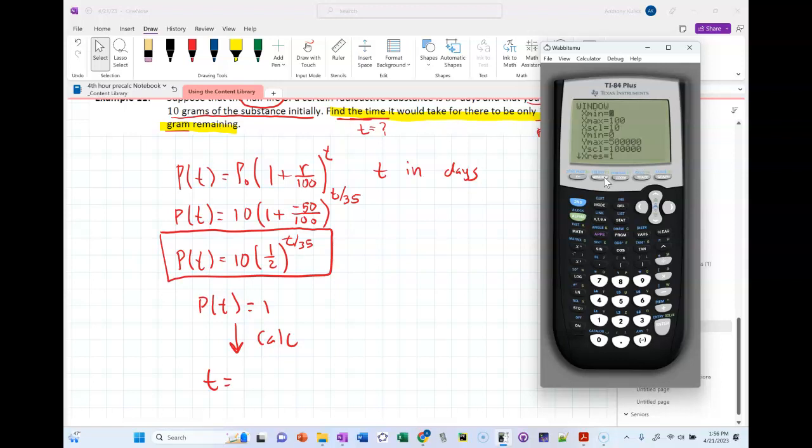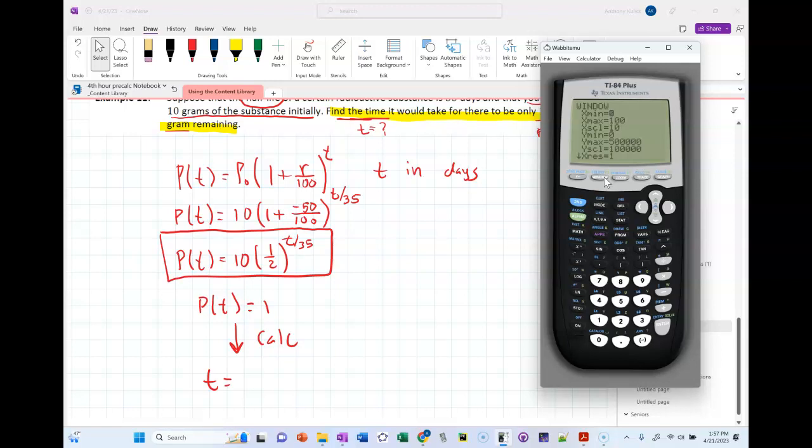So let's think about this real quick here. To get from 10 down to 1, if I'm counting by halves, half of 10 is 5. That's 1 half-life. Half of 5 is 2.5. That's 2 half-lives. Half of 2.5 is 1.25. That's 3 half-lives. Half of 1.25 is like 0.625. That's 4 half-lives. Everybody's okay with that?